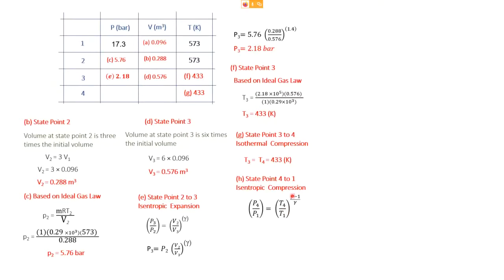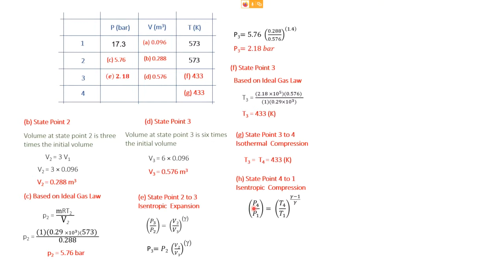Pressure to temperature should be gamma over gamma minus 1. Please double check these isentropic formulas. There is something wrong here already. Please double check what you have done in your thermal 1, or you can refer to my second podcast. I've given you all these formulas for the isentropic process.